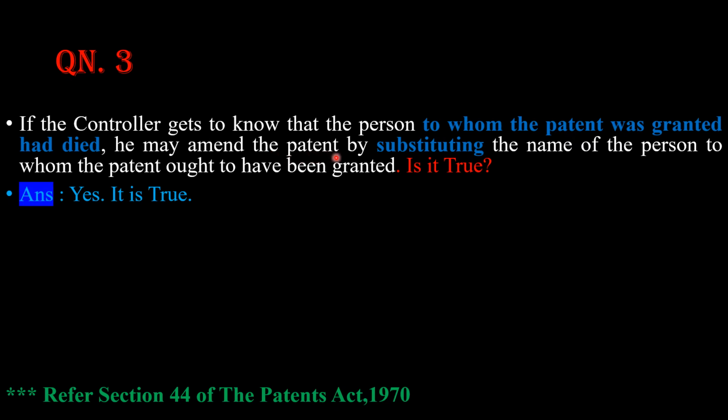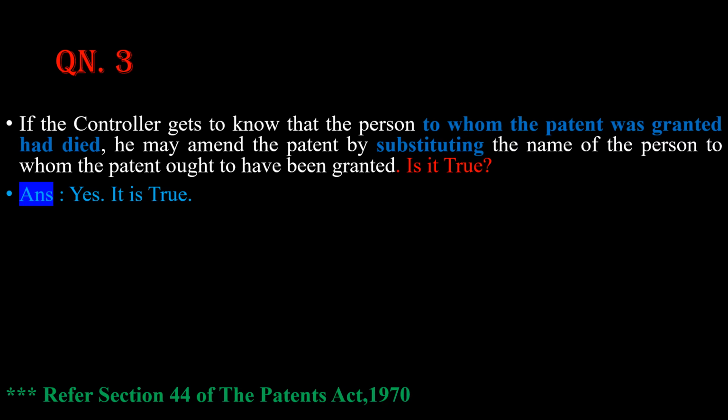Up to this was covered in question 2, and here the extension is by substituting the name of the person to whom the patent ought to have been granted. When you refer section 44 of the Patents Act 1970, you will find that this statement is very much true. So yes, the answer is it is true.